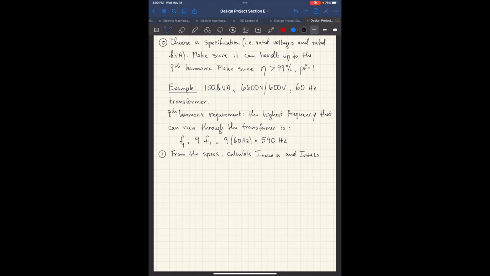This is almost like a homework problem, this part. Standard stuff, nothing too crazy. So how can we find, for example, I rated on the high side?